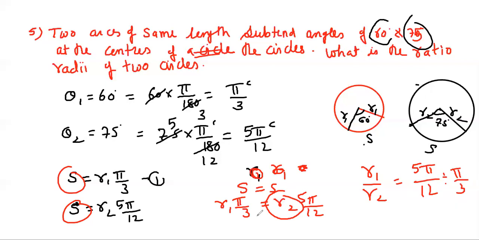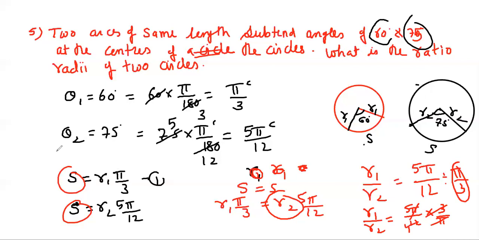This can be further written as R1 upon R2 is equal to 5 pi upon 12 into 3 upon pi. When I converted this into multiplication, the reciprocal came, and the reciprocal of pi upon 3 is 3 upon pi. Now pi and pi get cancelled, and 12 divided by 3 is 4.